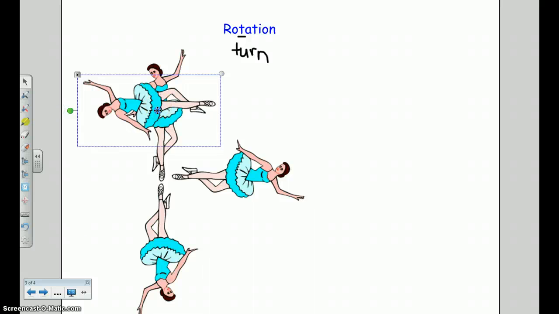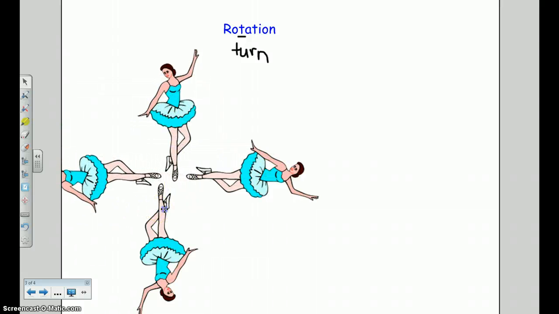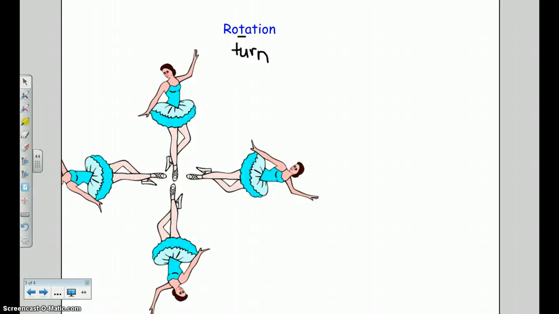So if I decided that I didn't want her turning to the right, then I could turn her to the left. So on these two, I turned her clockwise. Maybe on this one, I turn her counterclockwise.